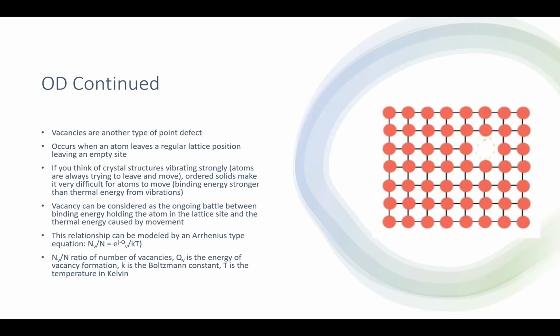Vacancy can be considered as the ongoing battle between binding energy holding the atom in the lattice site and the thermal energy caused by movement. And this relationship can be modeled by an Arrhenius type equation where you have the ratio of the number of vacancies, and then e to the energy of vacancy formation over Boltzmann's constant times the temperature in Kelvin.